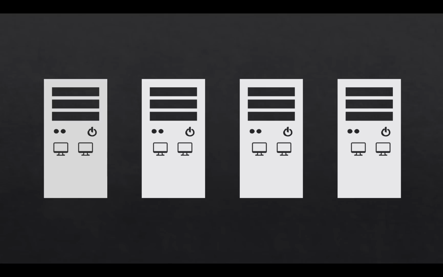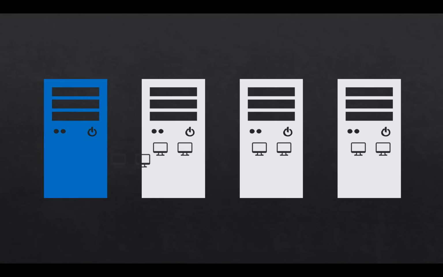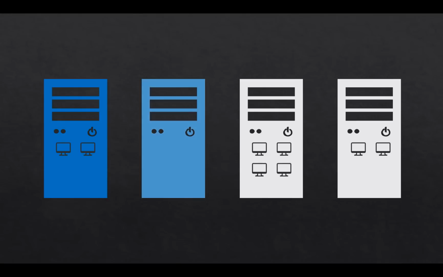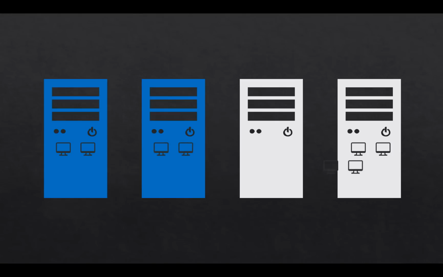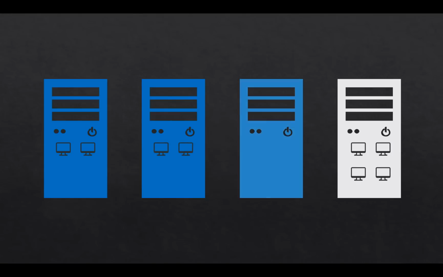It is running on 2016. It is just simply a matter of draining the roles off, upgrading the cluster node, moving the VMs back. Then moving on to the next node, same process. Move them off, move them back. Move to the 3rd node, move them off, move them back.